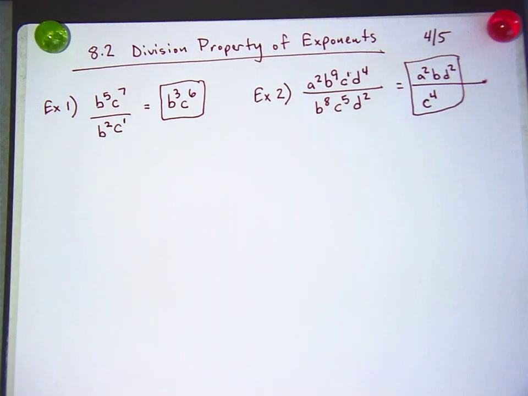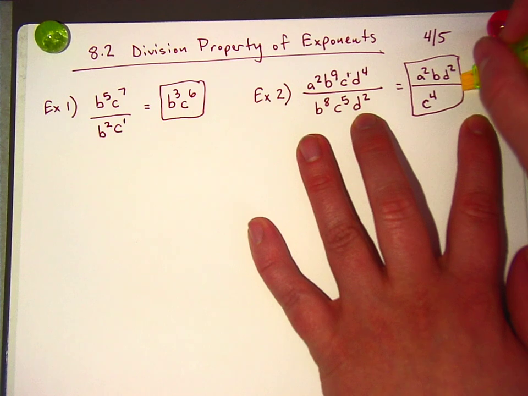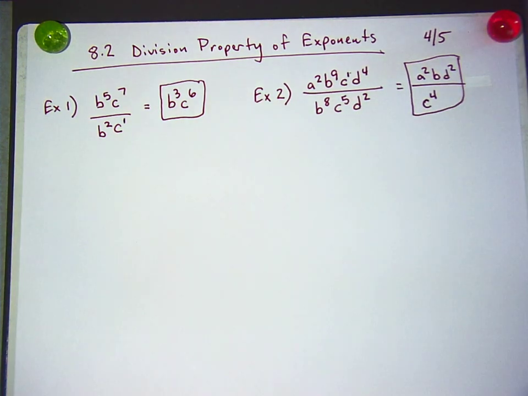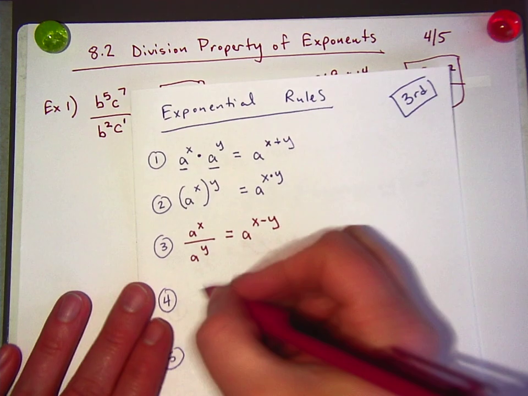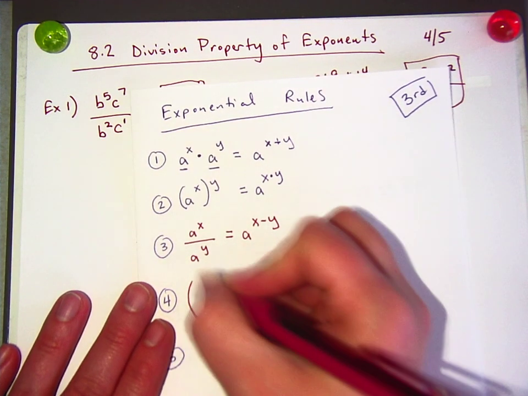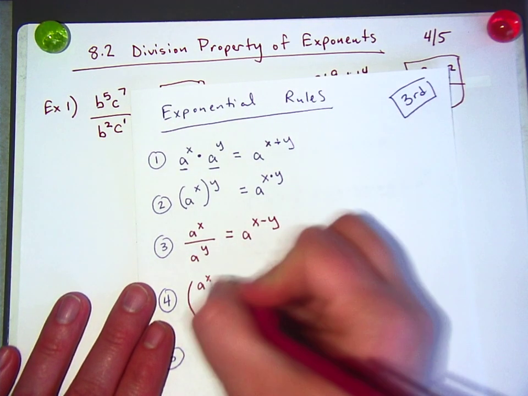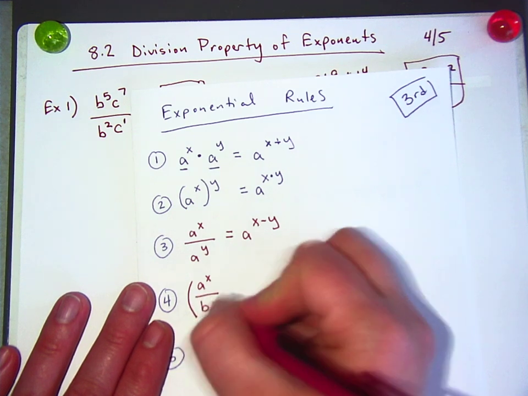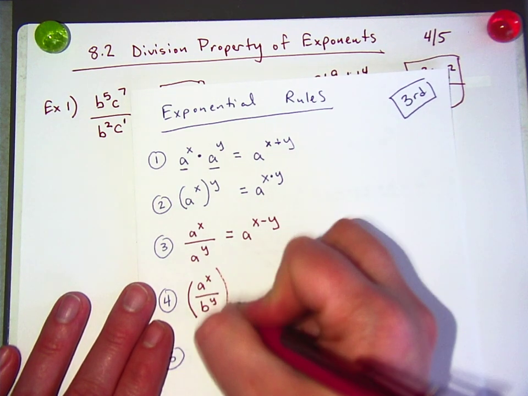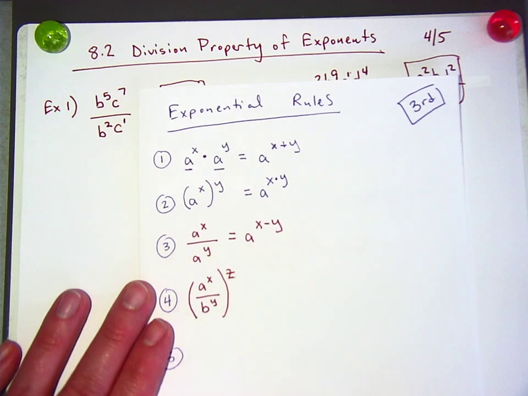All right, next rule. Rule number 4. This one is going to be a to the x over b to the y with a z on the outside.